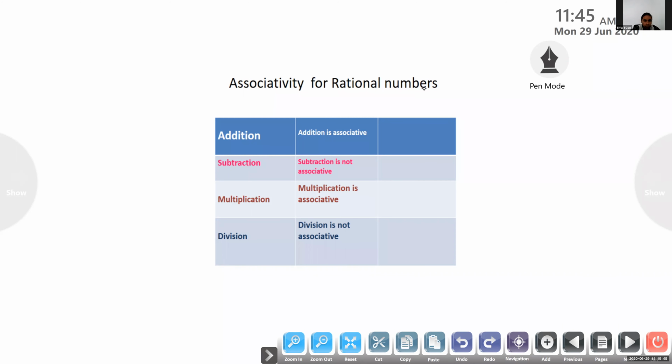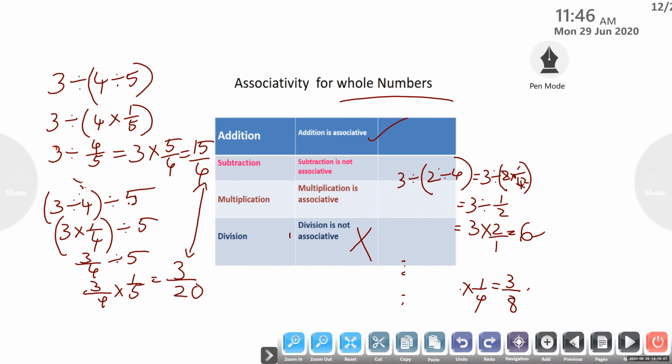Okay. Take 1 by 2 plus 1 by 3 plus 1 by 4. All are rational. Ma'am is asking for commutative. Commutative I explained, you know. Commutative we have done.